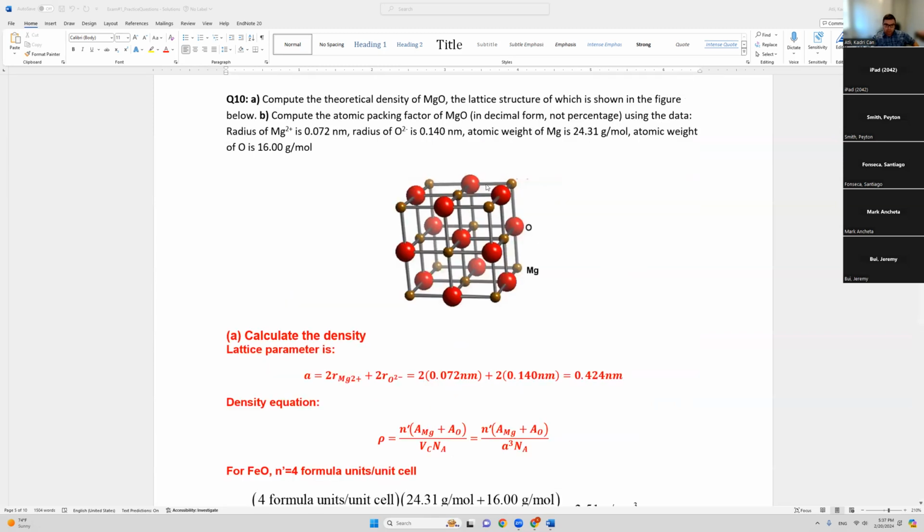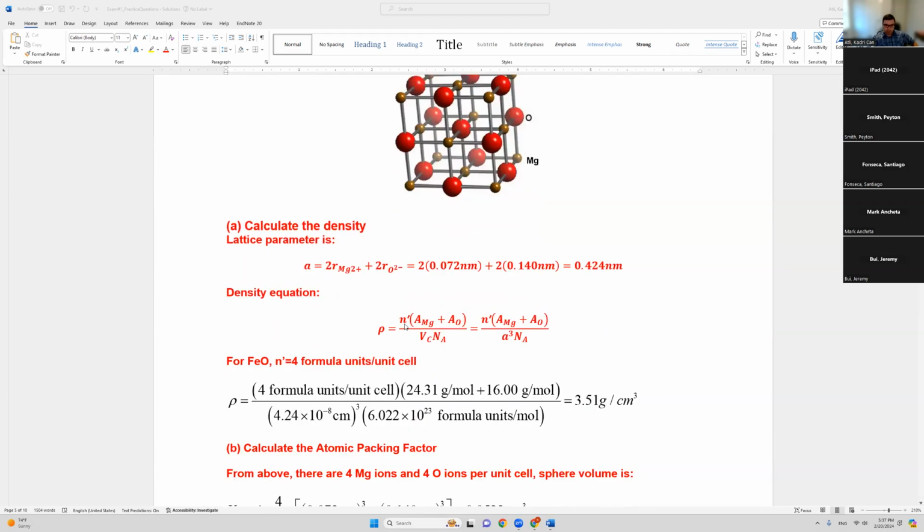You should be able to see that we have 4 of each: 4 oxygen ions and 4 magnesium ions. For magnesium, it's easy to see because if you don't see these red ions, it looks like an FCC structure. And if you count the oxygen ions, you will calculate that it's also 4. So n prime is 4.